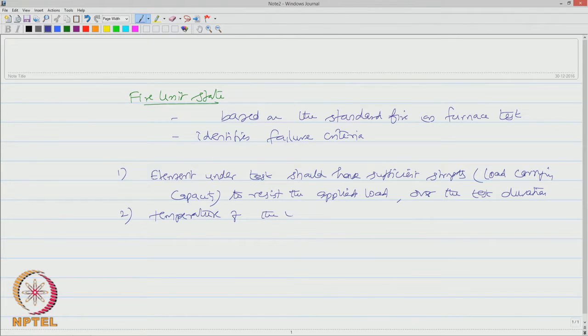Second, the temperature of the unexposed surface should be low enough not to cause irritation, or initiation of combustion of materials.